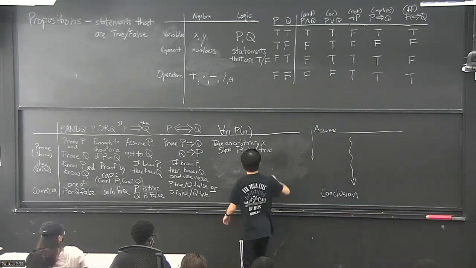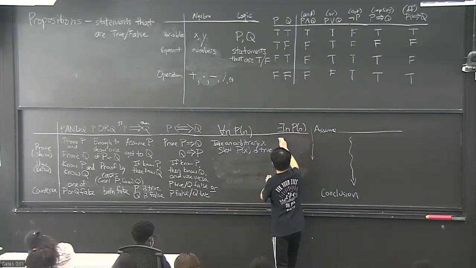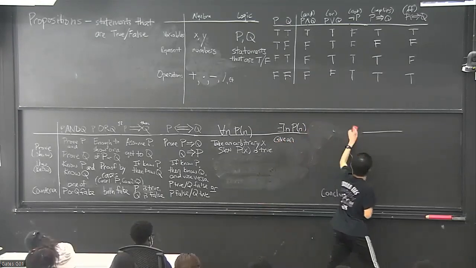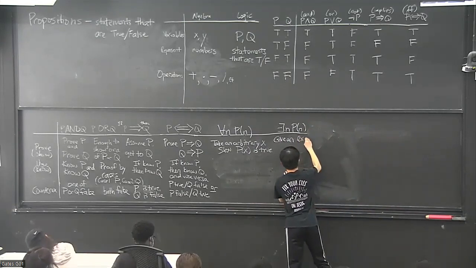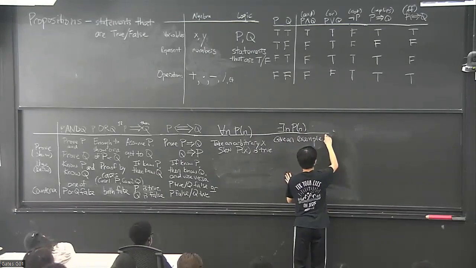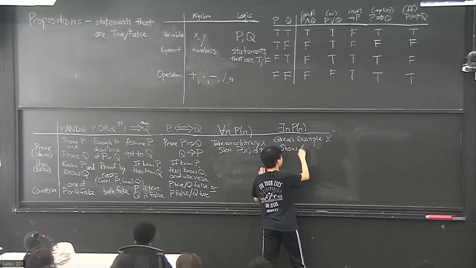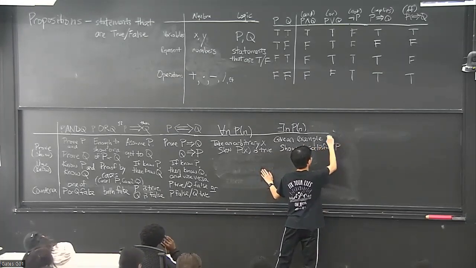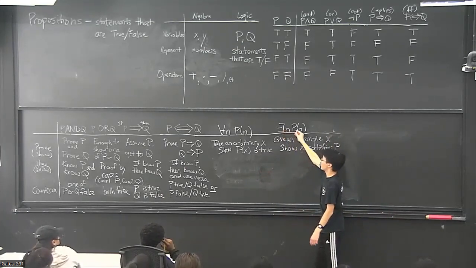To prove there exists, you want to give an example. Let's say x, and show x satisfies P. In other words, to show that there exists this n where P of n is true.